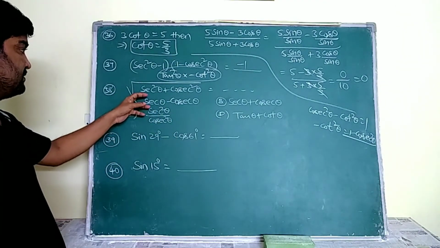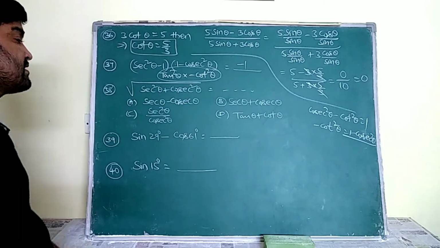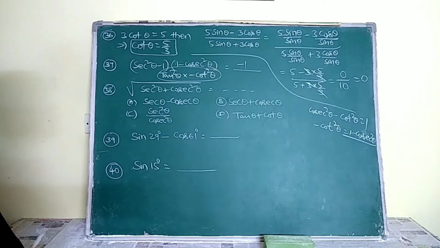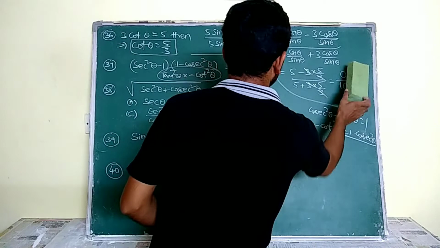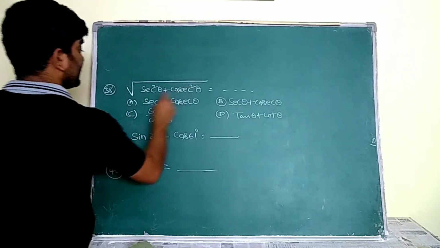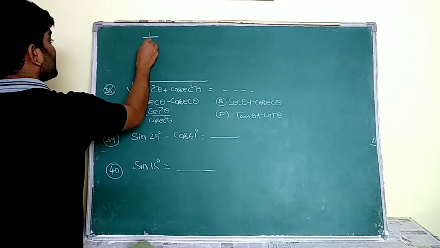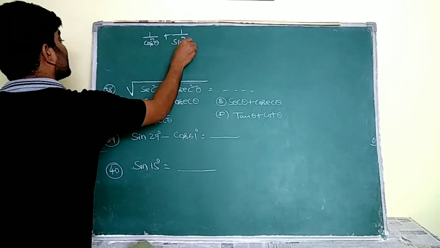Okay. Now see, secant square theta plus cosecant square theta is equal to what? We have to write. If you don't know how to write that, then first convert this value into sin and cos values ma. See ma, secant square means 1 by cos square theta and cosecant square means 1 by sin square theta ma.